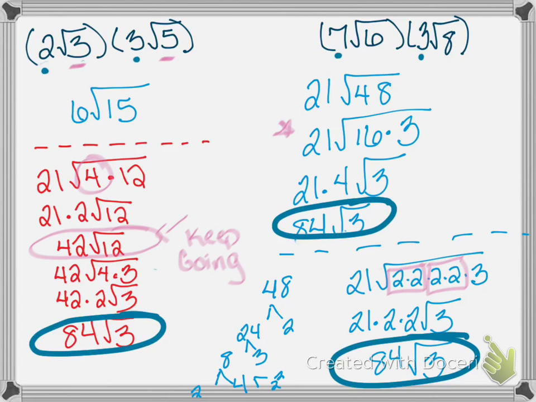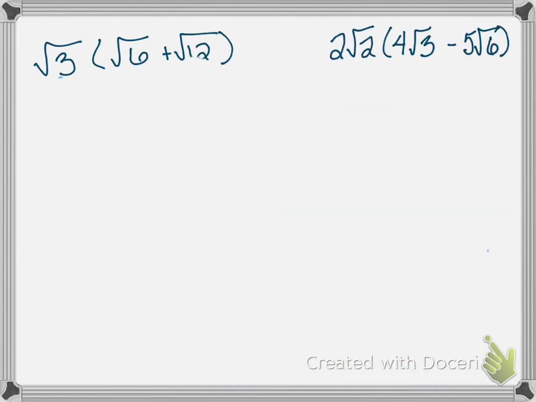Okay. Now, the last thing that we're going to do today is the distributive property. And I do want you to be sure that you're writing these steps out because that's going to be helpful to you. So we are taking the square root of 3 and we are multiplying it times the square root of 6.